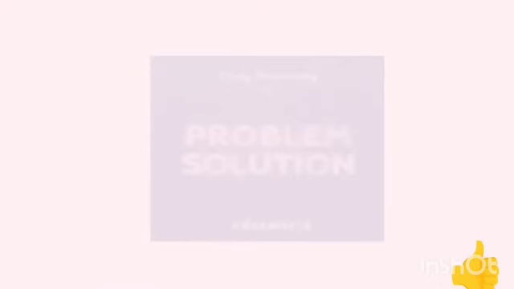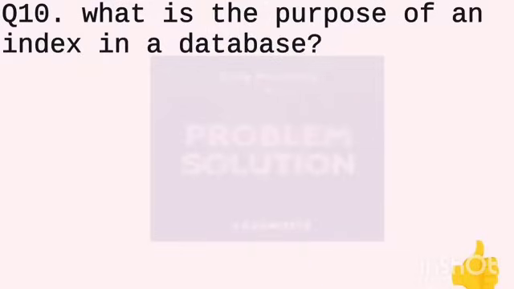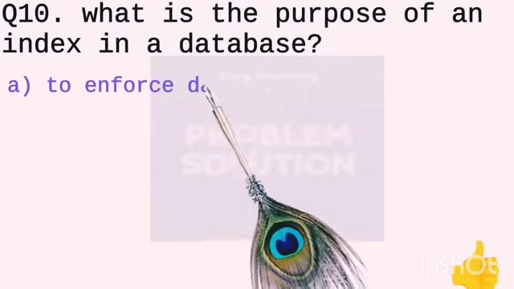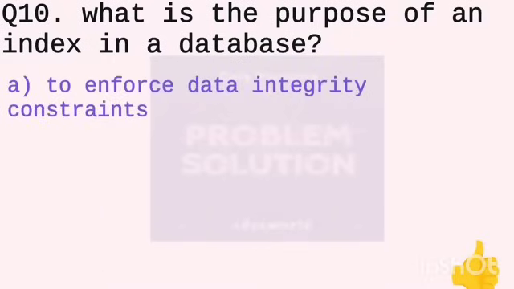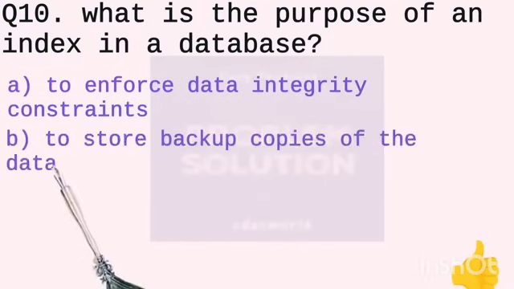Query number 10. What is the purpose of an index in a database? Option A. To enforce data integrity constraints. Option B. To store backup copies of the database.